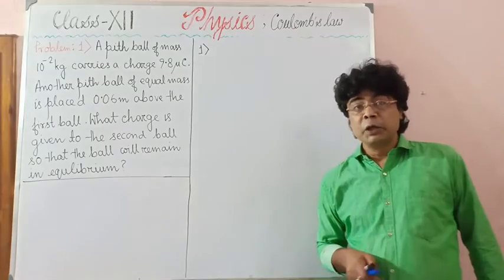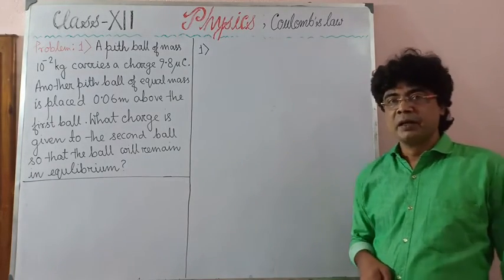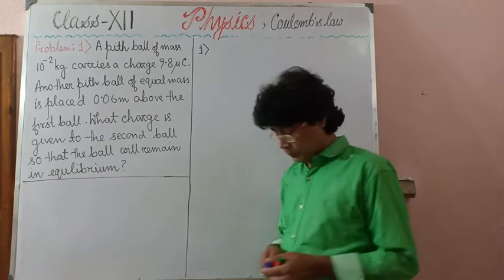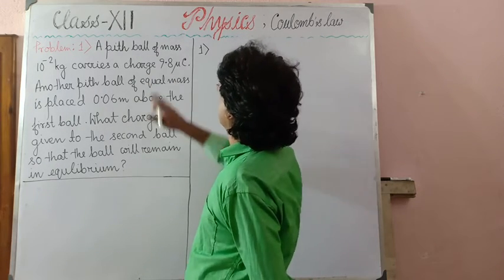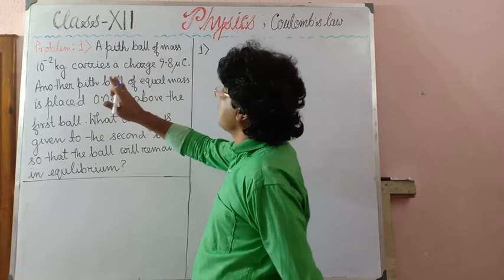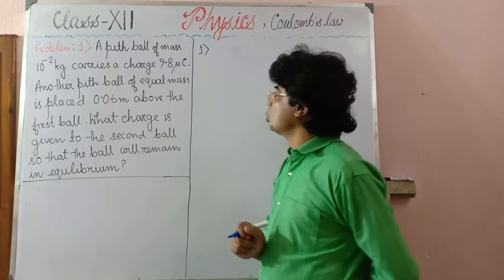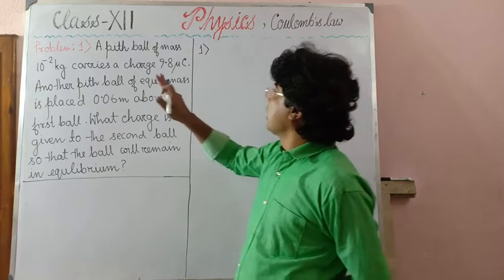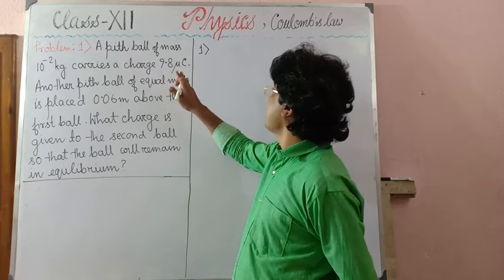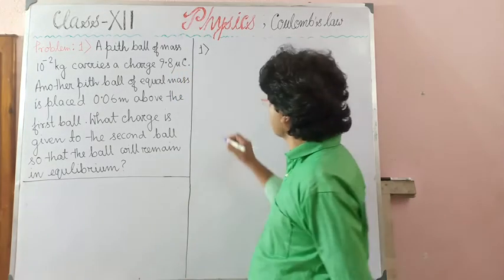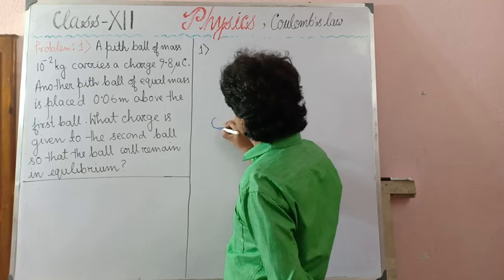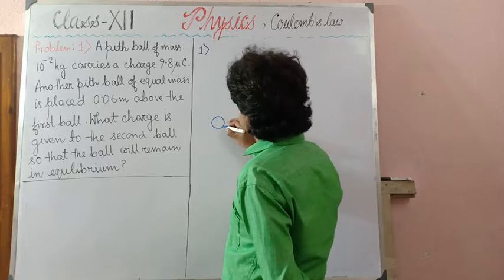Now, numerical problems. Problem number 1. A pith ball of mass 10 to the power minus 2 kg carries a charge of 9.8 microcoulomb. Suppose this is a pith ball.